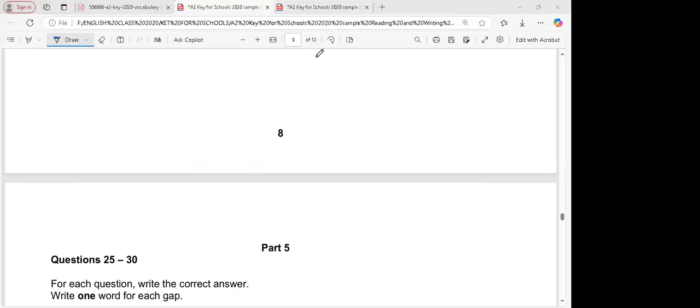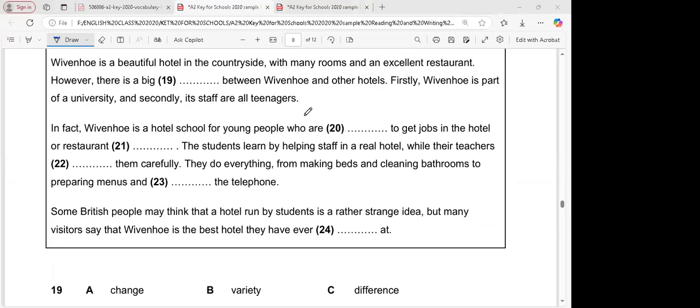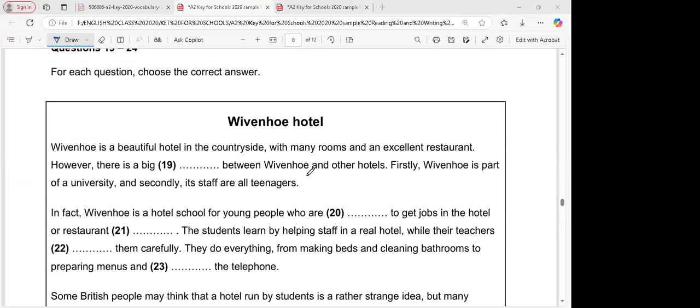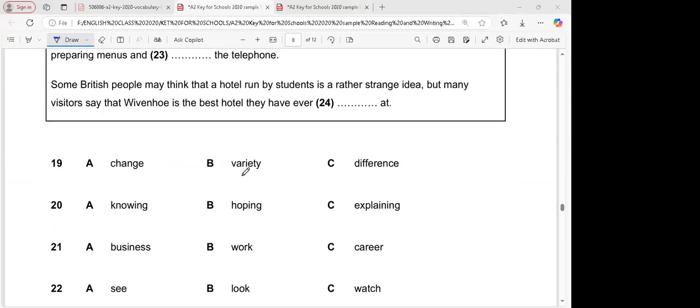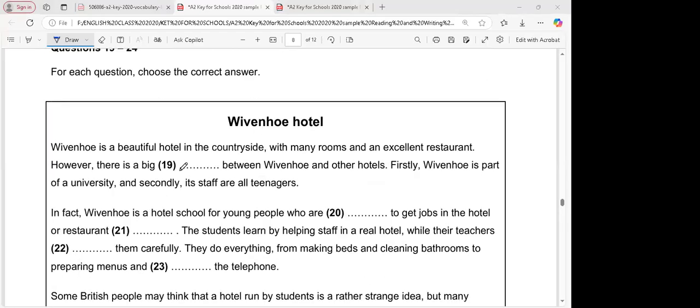Teacher, what should we do in part 4? This is Tinuli, right? Yes, you have to select the answer. See, the 19, there are 3 answers: change, variety, difference. Which answer will match here? Teacher, I can't see the answers.